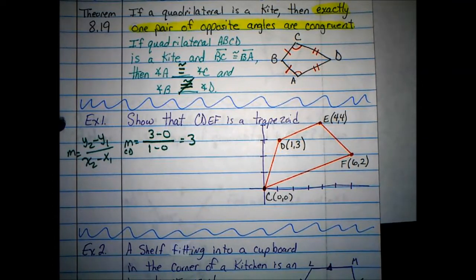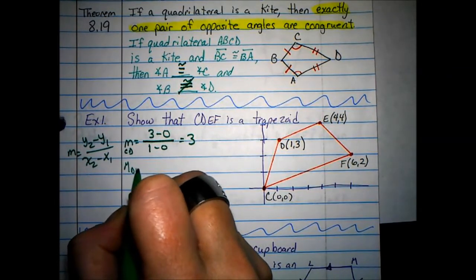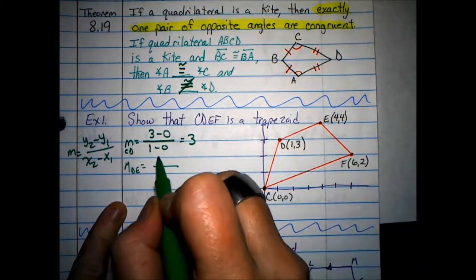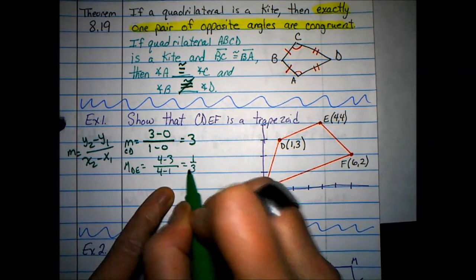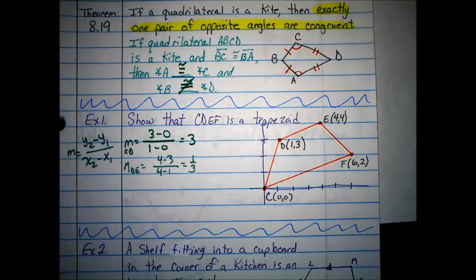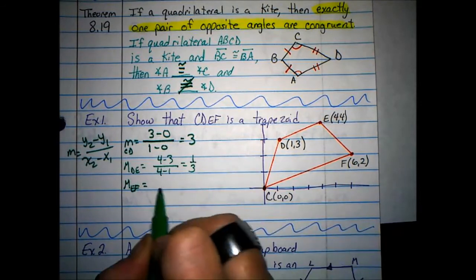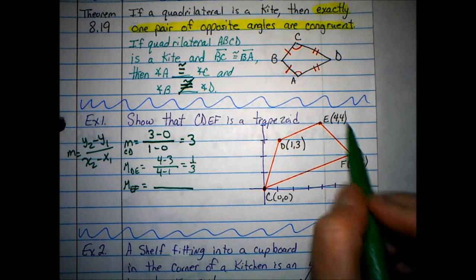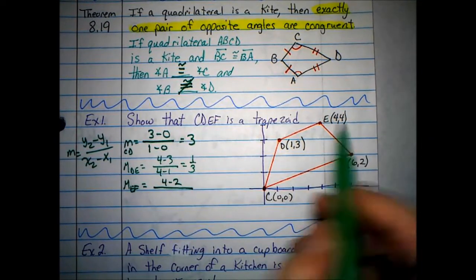Then I'm going to deal with DE. Slope of DE. I'm going to take my y-coordinate, 4 minus 3, and then 4 minus 1, and that gives me 1 over 3 as my slope. I'm going to take EF. I'm going to take E from F, so that would be 4 minus 2 over 4 minus 6.